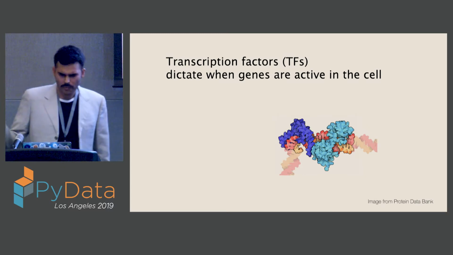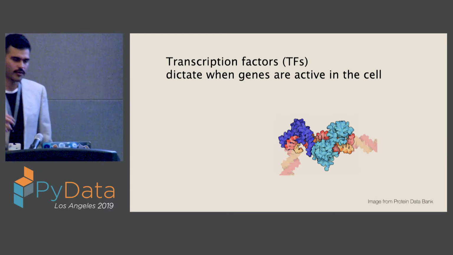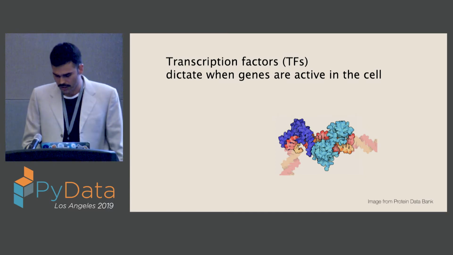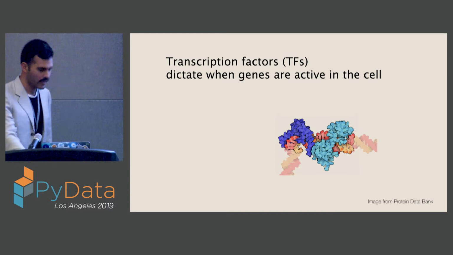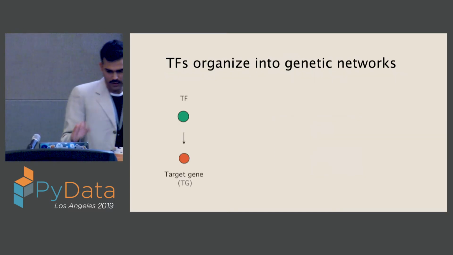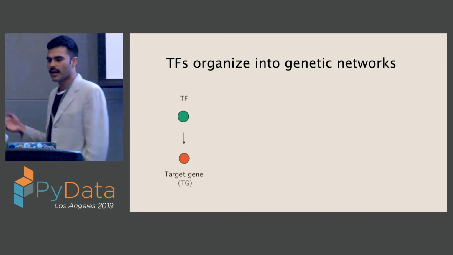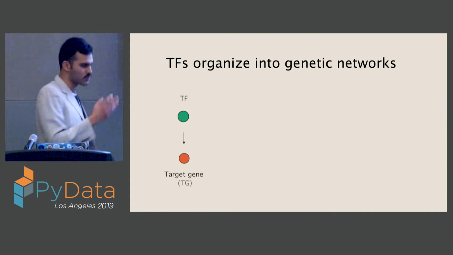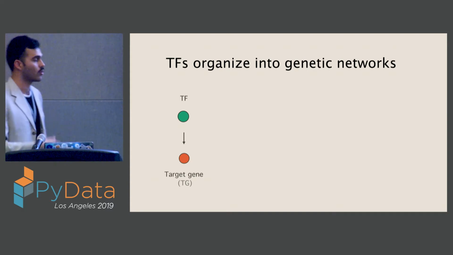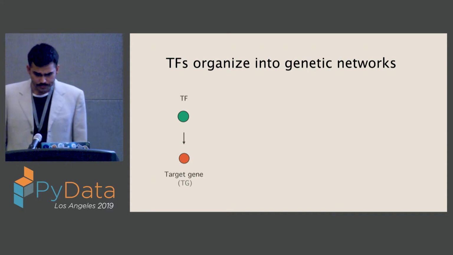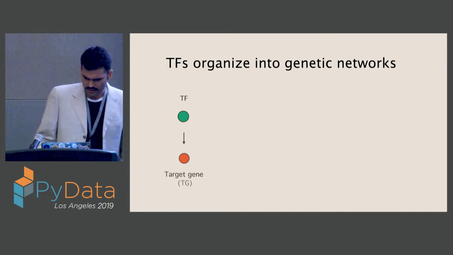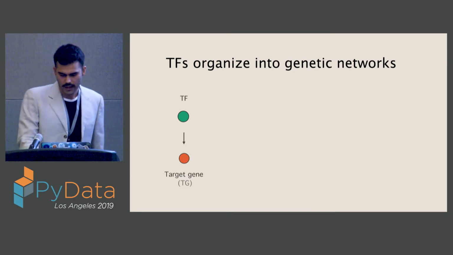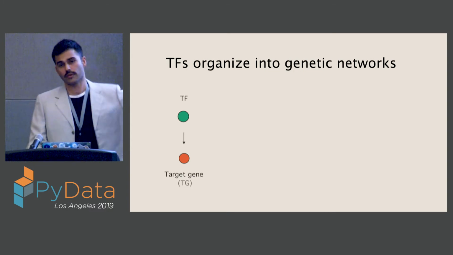And if we go a bit into the abstract, for the engineers, physicists, and computer scientists in the room, we can abstract these interactions into a directed network. Here I'm showing you a transcription factor that is controlling a so-called target gene. These interactions can exert a certain function in the cell.